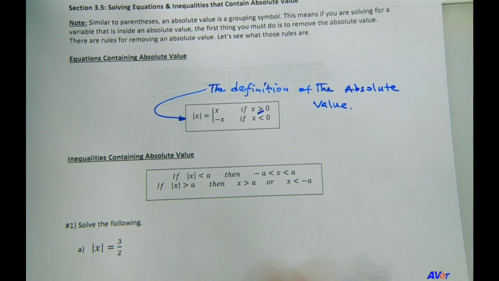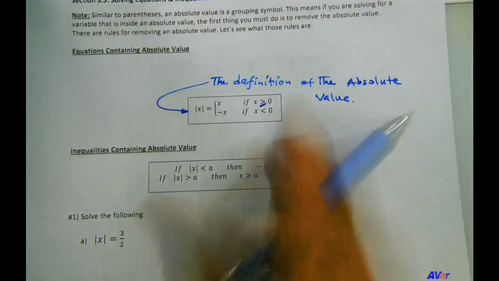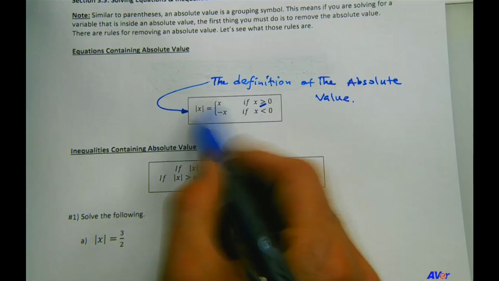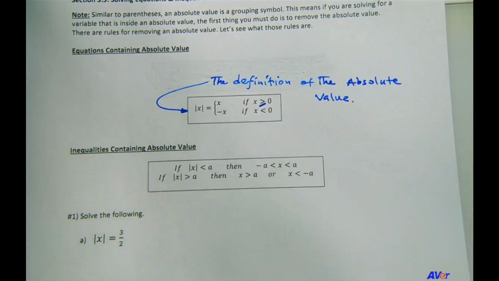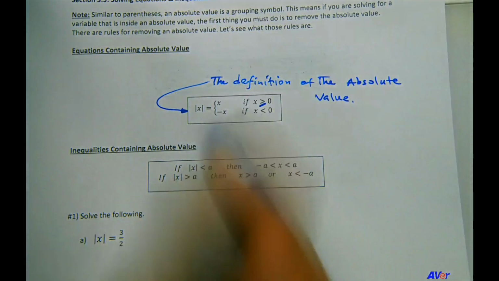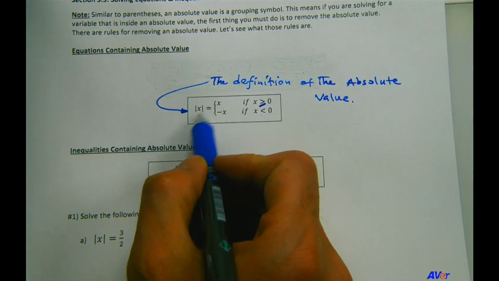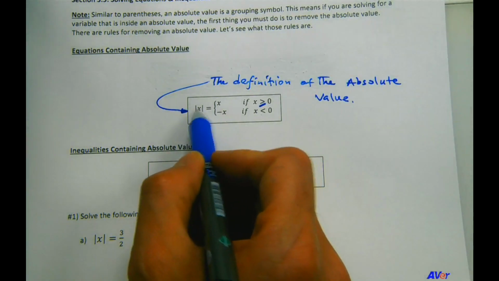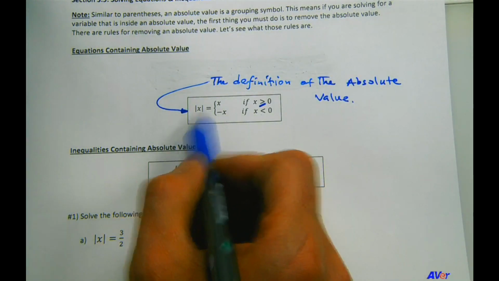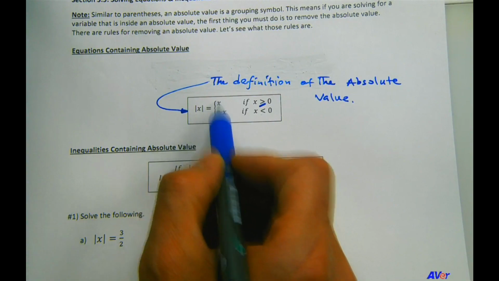Okay? So the important thing, this is a very small property or definition of absolute value, but it's extremely useful and it's extremely important in mathematics. So as we solve absolute value equalities and later inequalities, we need to remove the absolute value notation in order to solve for x. When we do that, we end up with two solutions, not one.